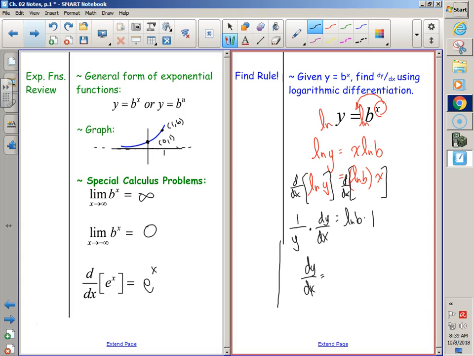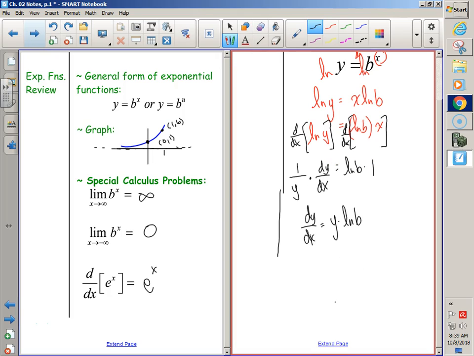I can get my dy dx by multiplying y on the other side, and here's where it gets a little crazy. We wouldn't stop there. Just like if we have u's, we always have to substitute back in. I'm going to substitute back in who y was. But we have to come back here and say, who was y?